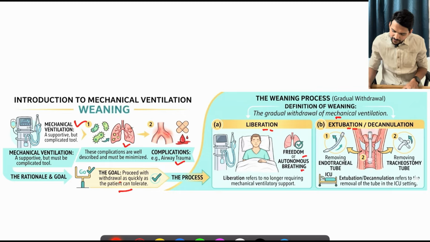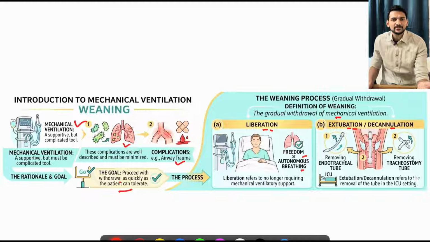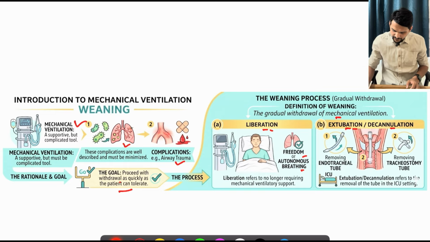Whereas extubation or decannulation is when the endotracheal tube we had inserted is removed out, or if the patient has a tracheostomy tube, we decannulate it. But this individual probably will still require some form of mechanical ventilation even after removal of that instrument. That is extubation. Hope you got the clear difference between these two terminologies.